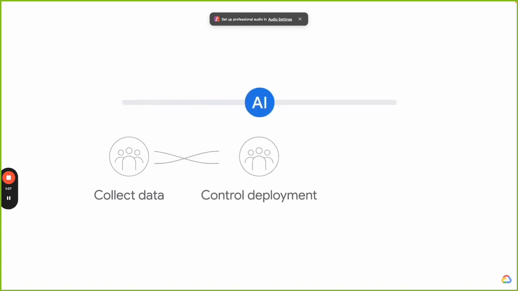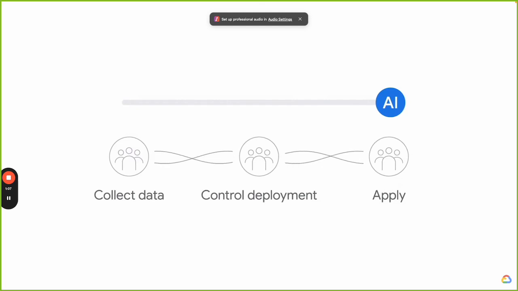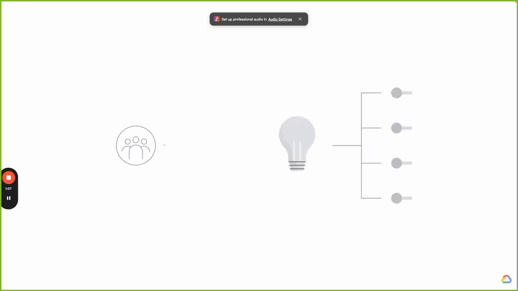People are involved in each aspect of AI development. They collect or create the data that the model is trained on. They control the deployment of the AI and how it's applied in a given context. Essentially, human decisions are threaded throughout our technology products. And every time a person makes a decision, they're actually making a choice based on their own values.